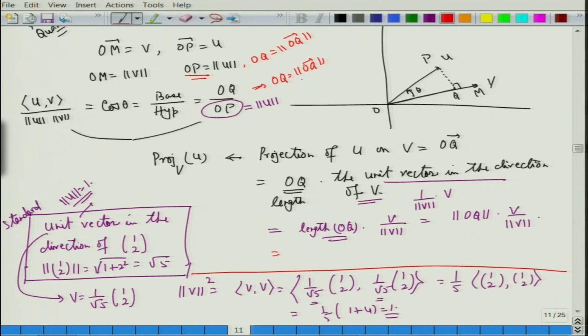This implies OQ is equal to norm of u into the inner product uv divided by length of u into length of v. This part and this part cancel out, you get uv divided by norm of v.